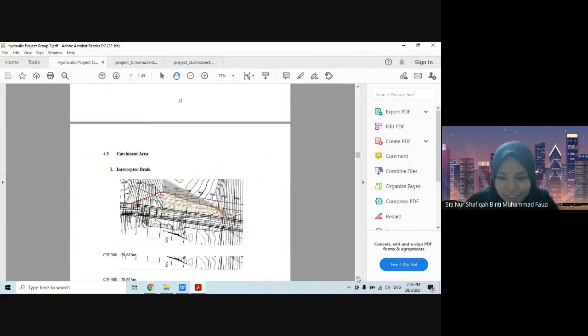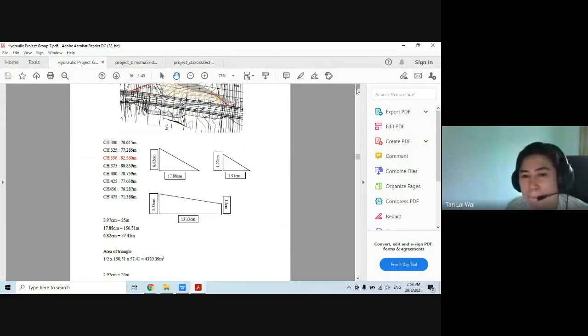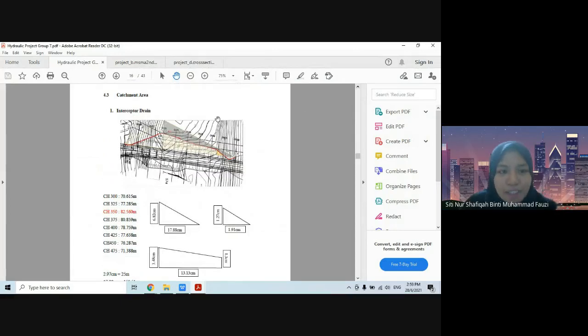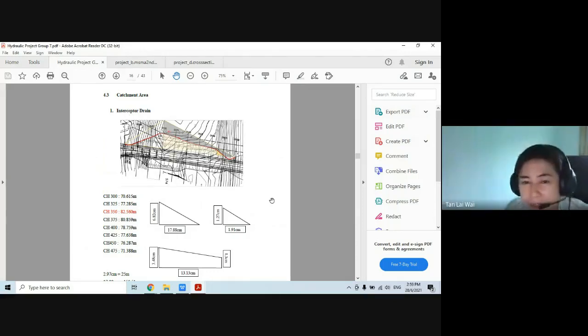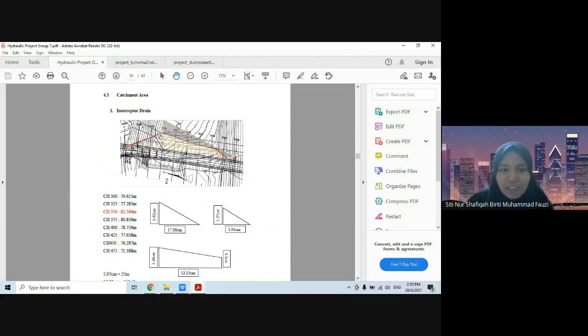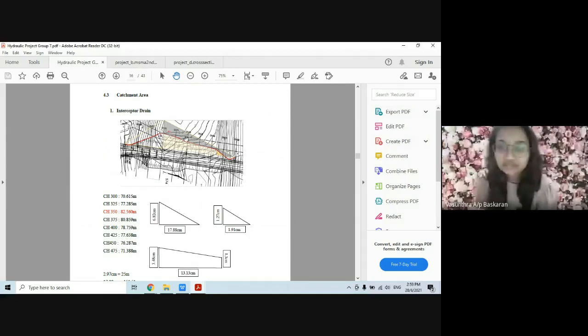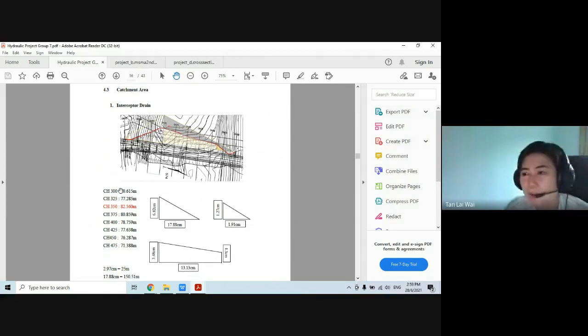Kejap doktor. Boleh? Tak apa, take your time. Tapi drawing ni ikut drain, macam interceptor drain, dia tak ada keseluruhan. Oh, tak apa. Tapi ada arah aliran ni tak? Saya ikut yang gambar warna ni. Aliran direction.